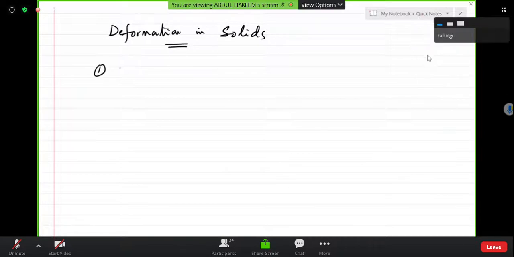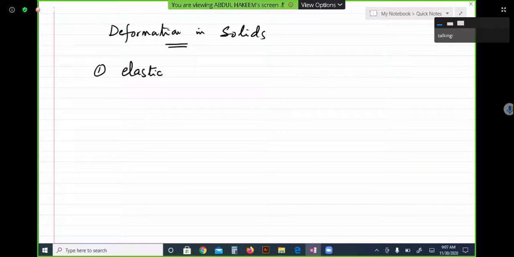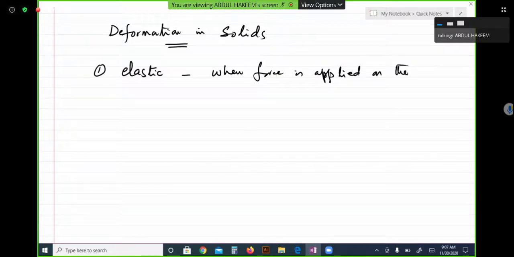So first is elastic material or the elasticity. When force is applied on the object, it deforms, changes shape.